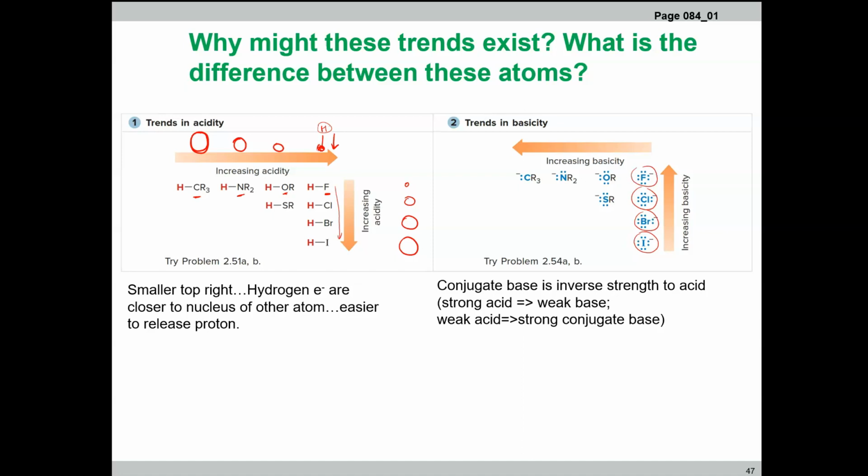This iodine has a negative charge, and if we have that negative charge distributed throughout a bigger shell of electron space, it's less dense. And the less dense, that's more happy in terms of its stability. So it's partly because the conjugate base is more stable that we can have an increasing acidity as we go down the periodic table in terms of size.